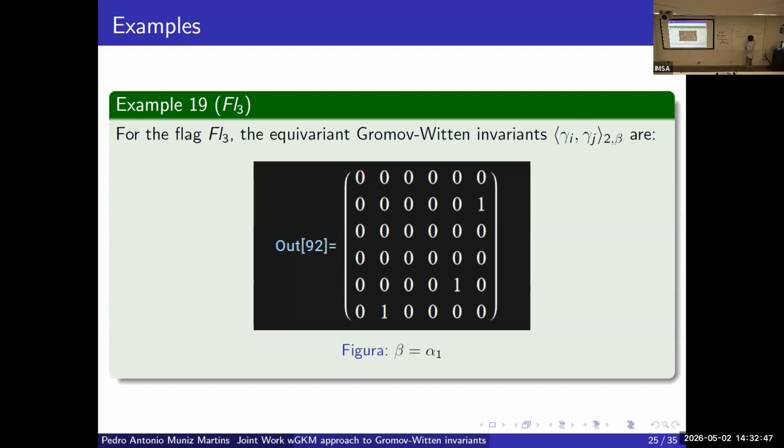H6 has only one generator, that I call gamma 6. H4 has two generators, gamma 4 and gamma 5. H2 has two generators, gamma 2 and gamma 3, that coincide with the root system of the flag.